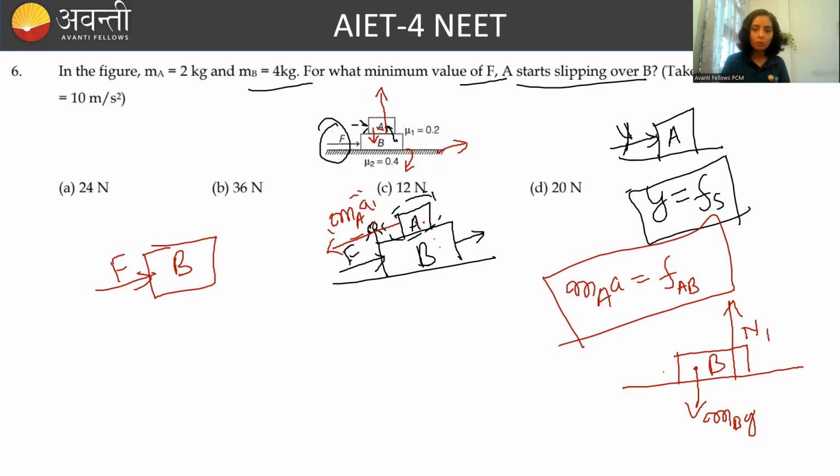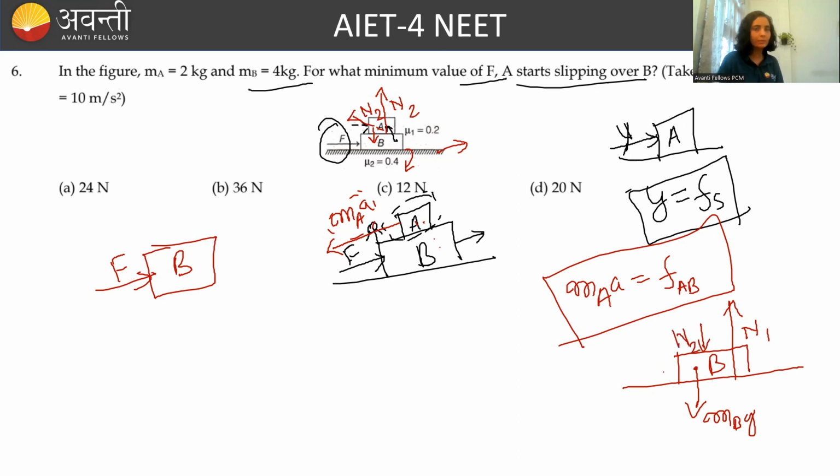So what is going to be the friction force acting between B and the surface? Let's calculate the normal reaction acting on B, that is the N1 value we need to calculate. And the reaction force of this normal reaction, let's call it N2. So it will be N2 acting on B. So this is your N2.